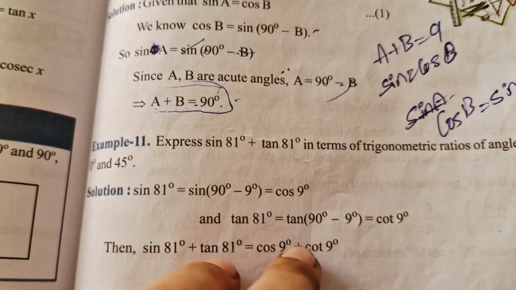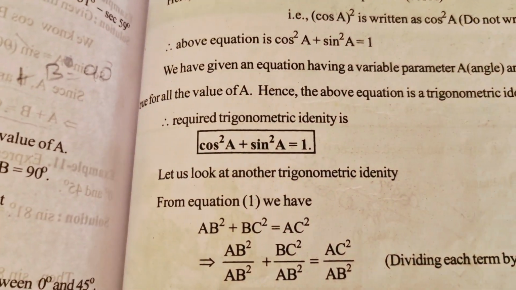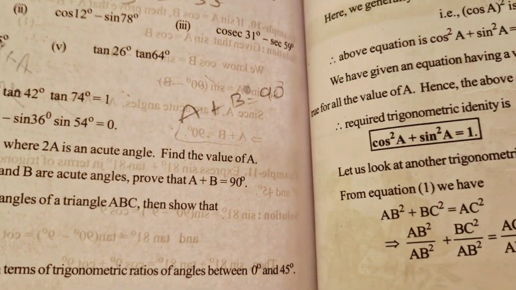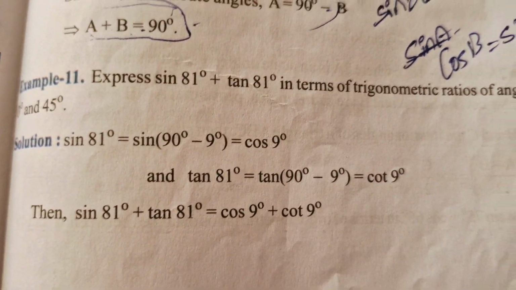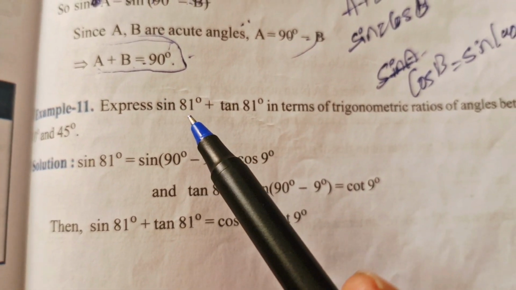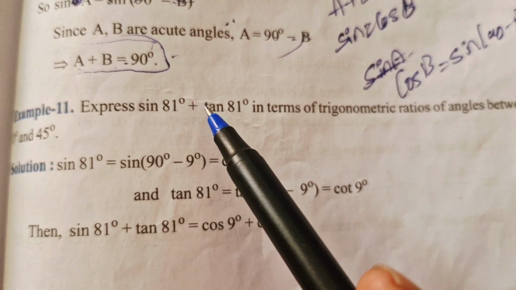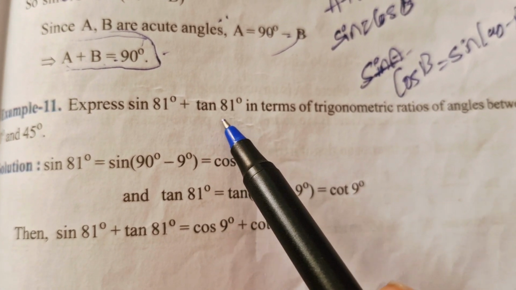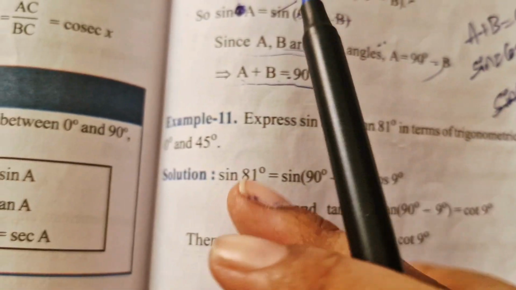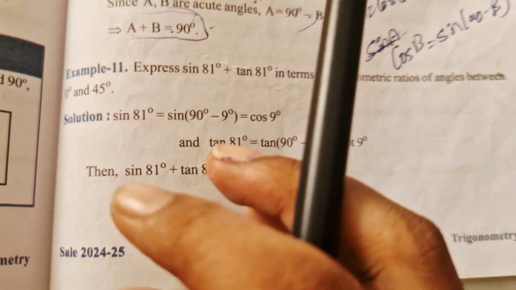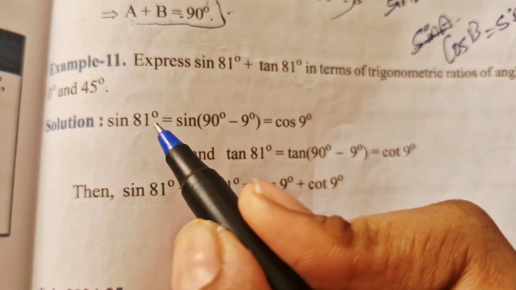This exercise, what is this exercise? Wait. It is 11.3. It is very easy to solve. Express sin 81 degrees plus tan 81 degrees in terms of trigonometric ratios of angles between 0 and 45. So let us see.